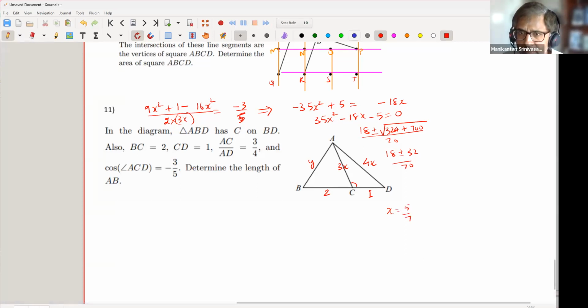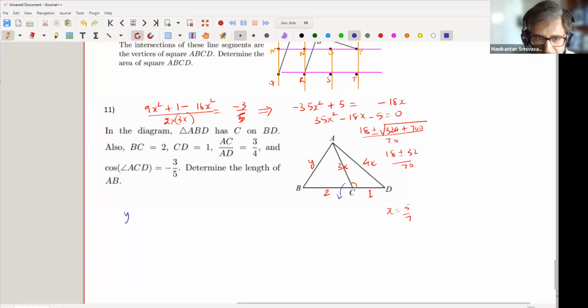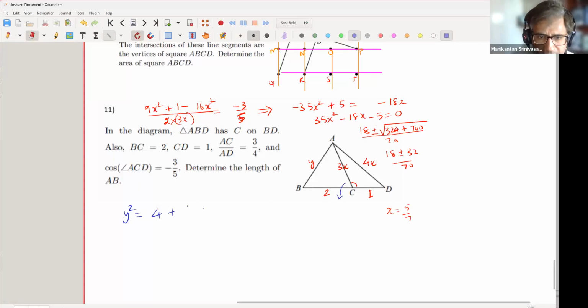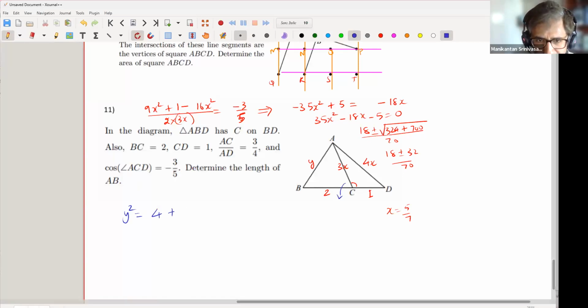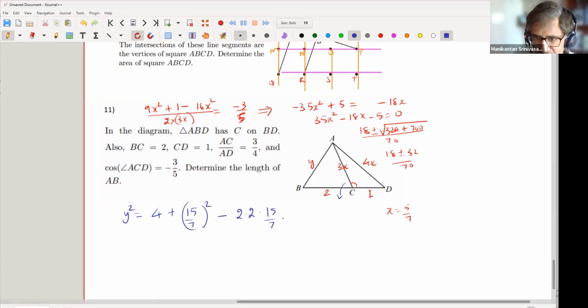We can take that x and put it into the left-hand side. So y squared would be 2 squared plus 3x whole squared, 3x is 15 by 7, whole squared, minus 2 into 2 into 3x into cos of this angle.